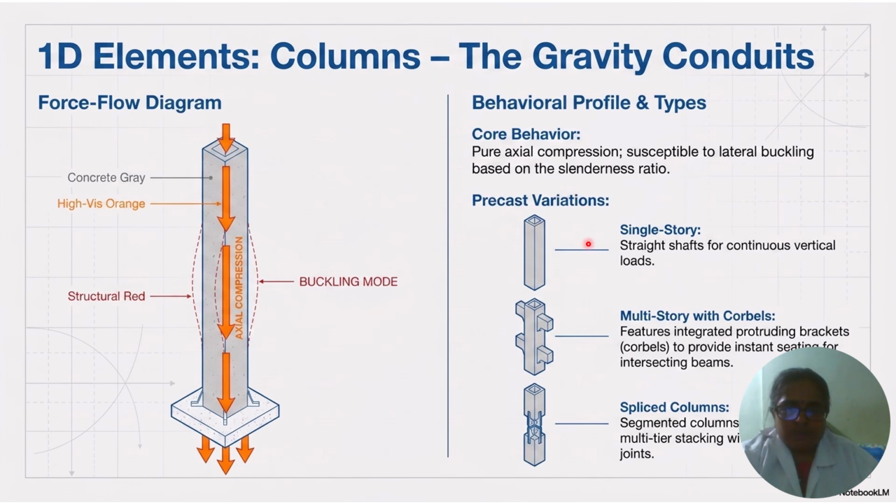In precast, there may be variations such as single story, straight shaft for continuous vertical loads, multi-story with corbels, which feature integrated protruding brackets to provide instant seating for intersecting beams, spliced columns, segmented columns, and multi-stacking with joints.